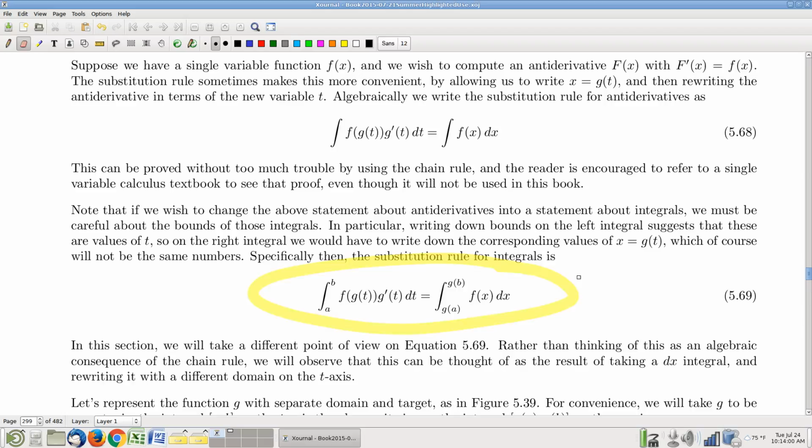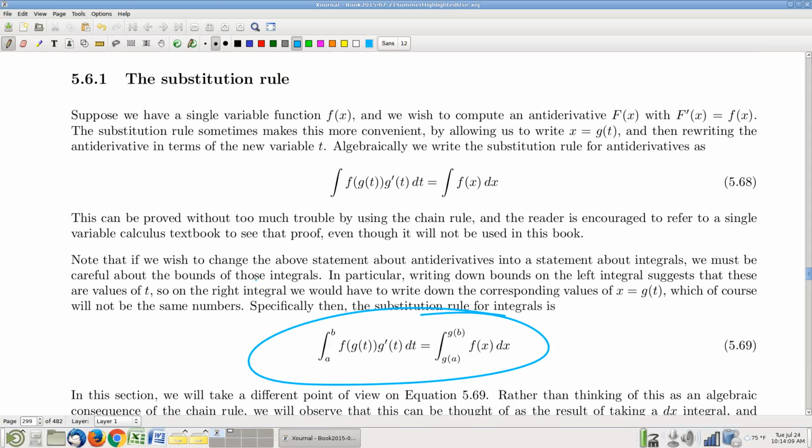Okay, I propose you've actually seen an example of this previously. You obviously didn't think of it in this way in a Calc 1 class, but here's what's commonly referred to as the substitution rule. This is called the substitution rule for antiderivatives, and this is the substitution rule for integrals. Hope that looks familiar.